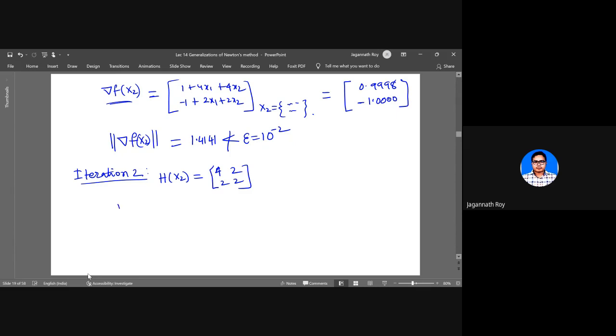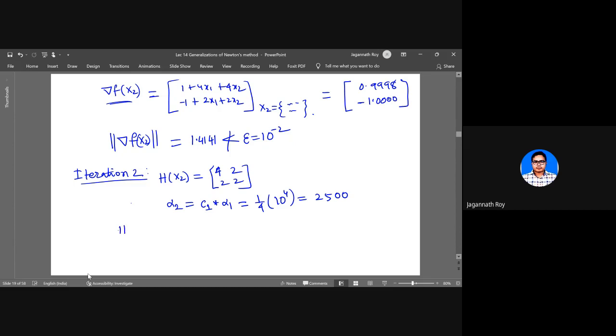Then we have to find alpha 2. Because we are going in the right direction, alpha 2 will be c1 into alpha 1. So c1 is 1 by 4 into 10 to the power 4, so this will become 2500.